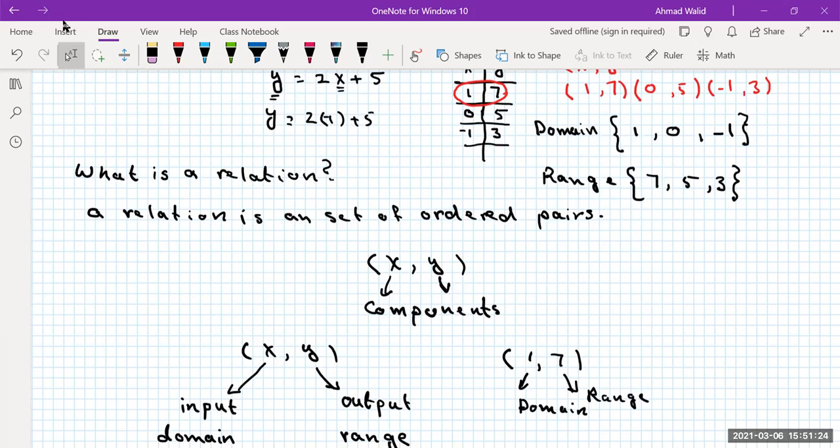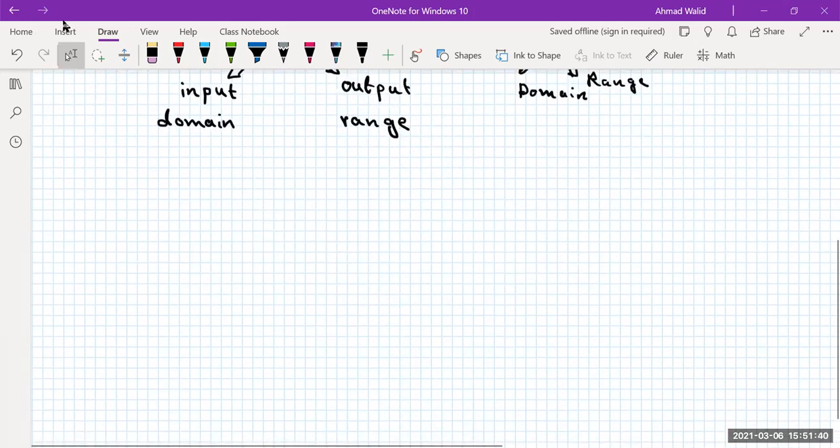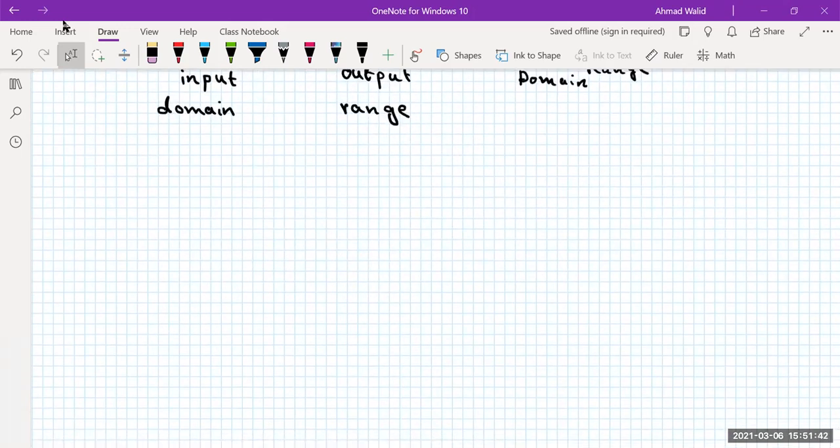Your input, which is the values of X, is always your domain. Your output, which is the values of Y, we call it what? Range. Correct? Let's do a few examples about finding the domain and range.